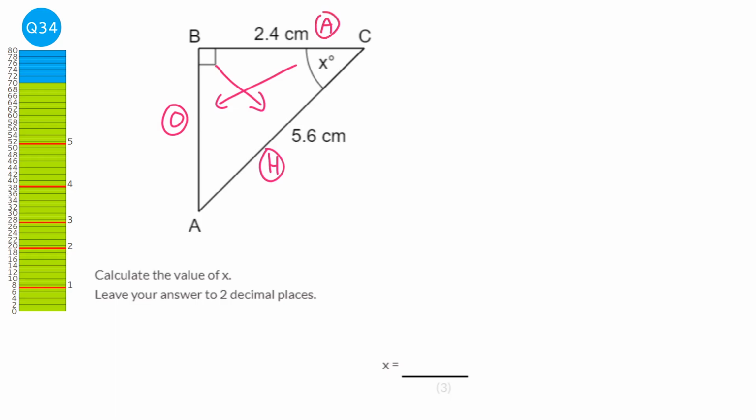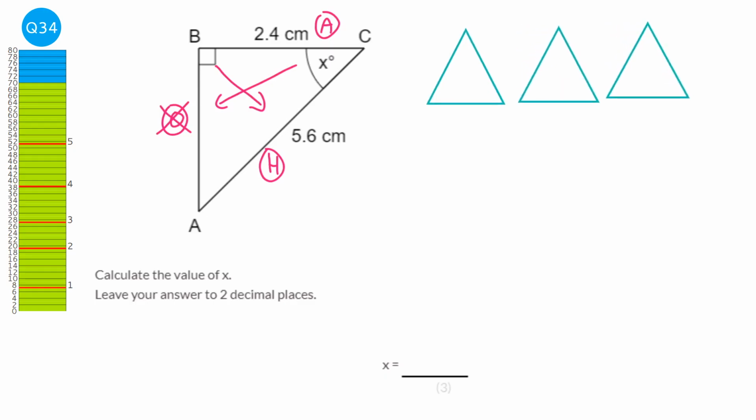Now we're going to cross out the opposite because it's not needed, because it doesn't have a number or a letter next to it. And we're going to write out Sohcahtoa, which we do every time we do trigonometry. And we're going to look and see which one we're going to use.